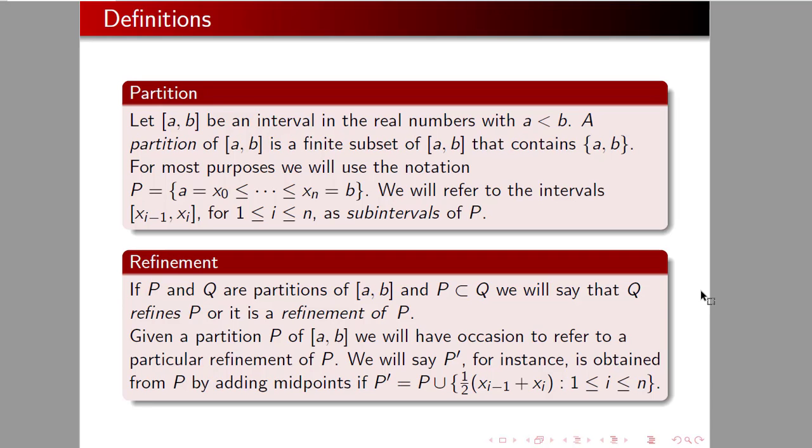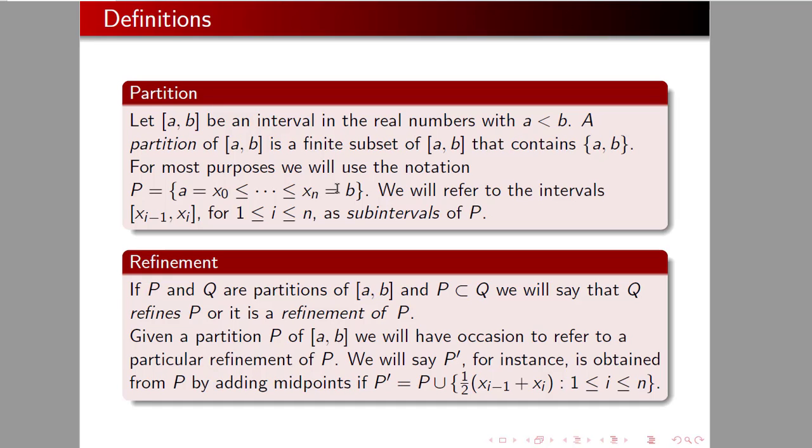For most purposes, we will use the notation P equal to the set a = x0 ≤ x1, etc., up to xn = b. Otherwise, we're going to denote the set of the partition as x0, x1, x2 up through xn, and they're going to be coming in order.